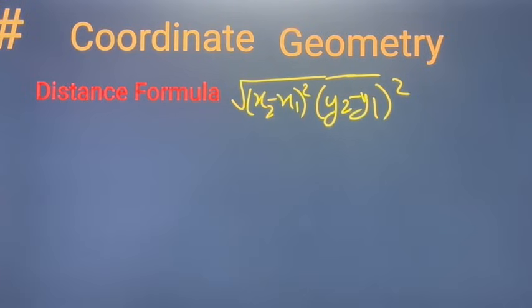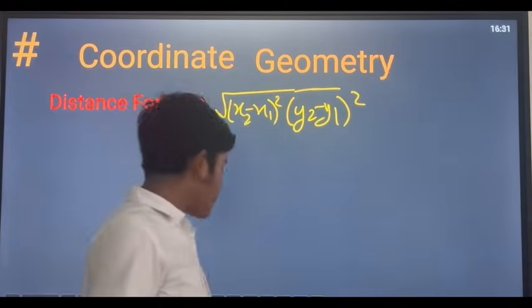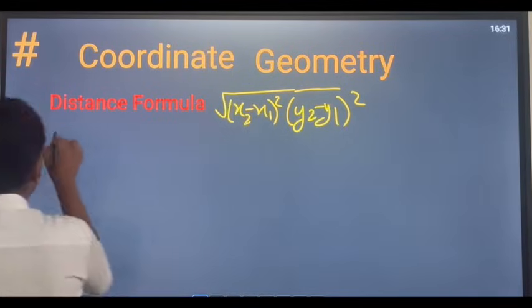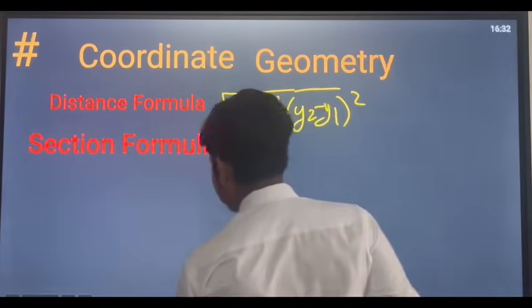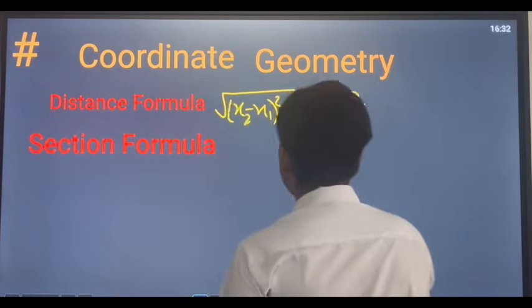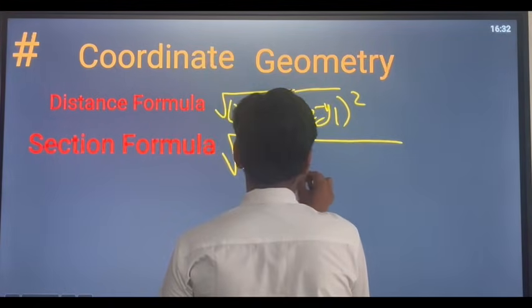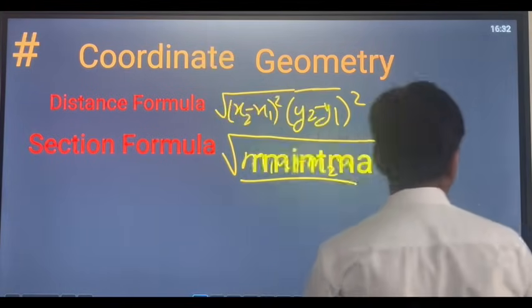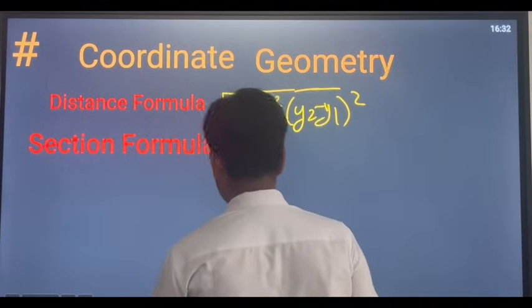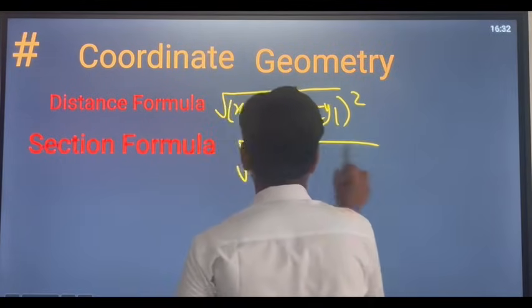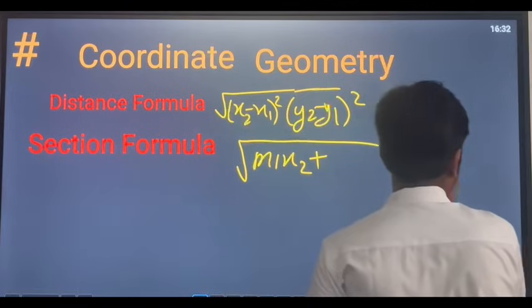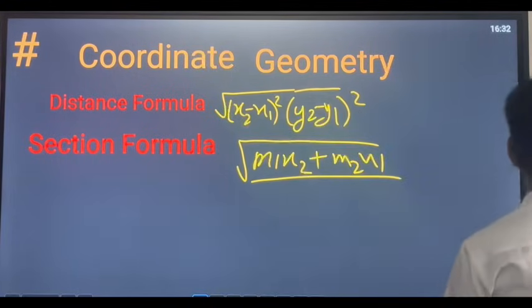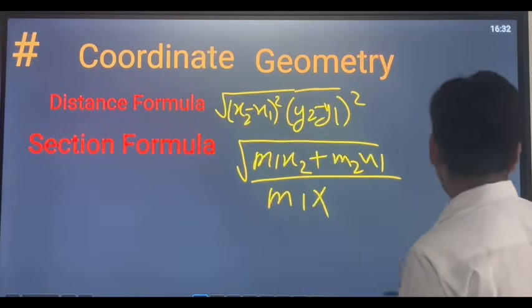The section formula is (m1 x2 plus m2 x1) upon (m1 plus m2).